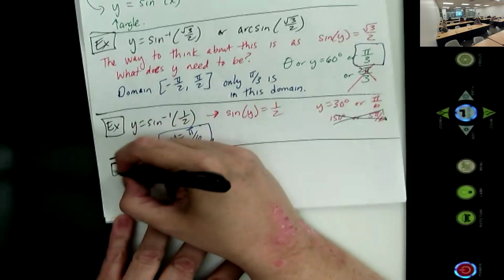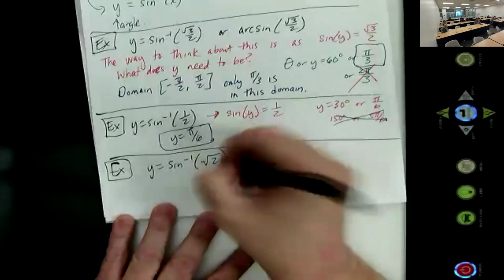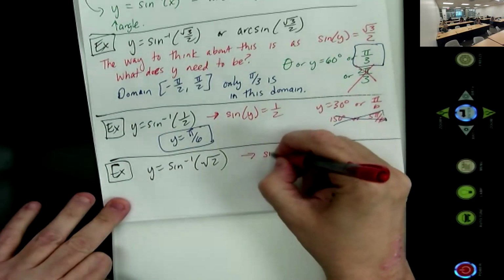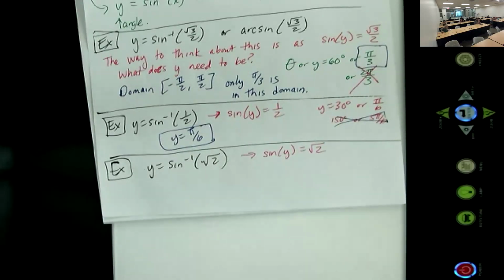What about y equals sine inverse of square root of 2? Any ideas?